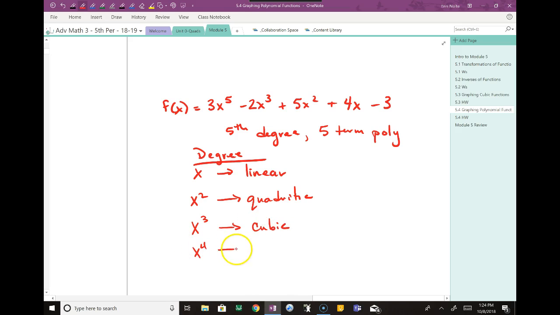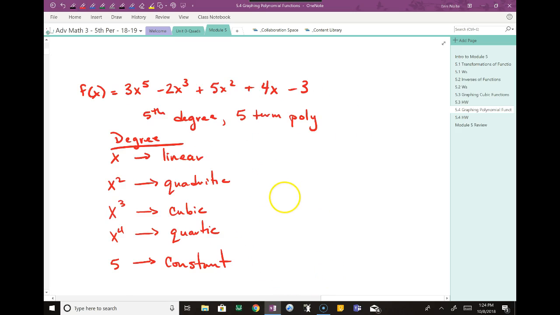X to the fourth, quartic. And you can actually say fifth degree is a quintic if you wanted to. Oh, I forgot to say just a number. Like let's say your number was 5. What's that? Just a number. That's considered a constant.